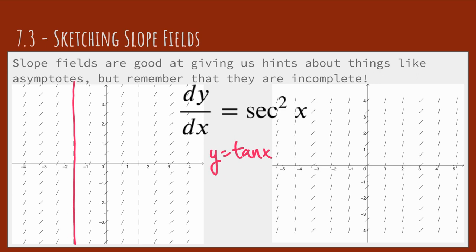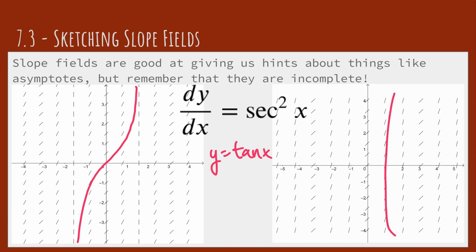But I want to point out that the slope field on the left has vertical lines, or at least very close to vertical lines. We're never going to get vertical lines in a slope field because the slope of a vertical line is undefined. We wouldn't plot undefined slopes, but we get very close to vertical lines, and so our tangent curve flows nicely through there, and we see that we have vertical asymptotes.